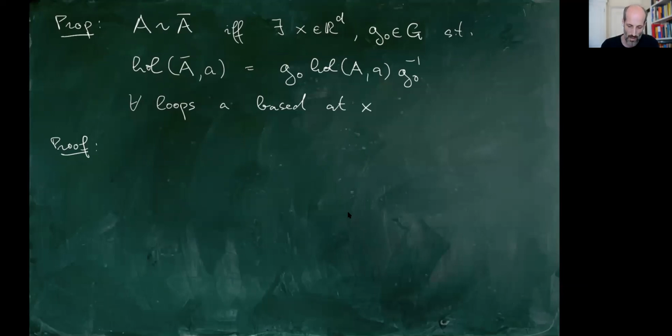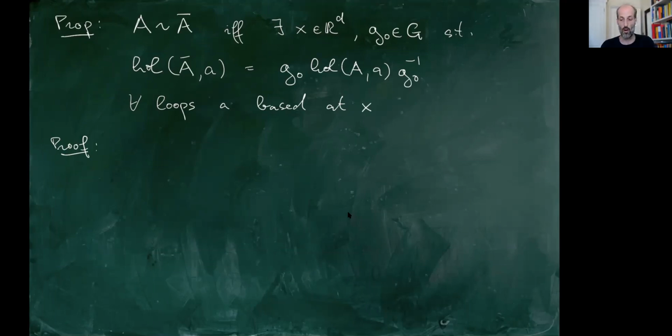So in that case, g naught is just g of x. Now we want to go the other way around, so the claim is that this is if and only if. If two connections are such that all these holonomies are the same, modulo conjugating by some fixed element g naught, then they actually have to be equivalent.